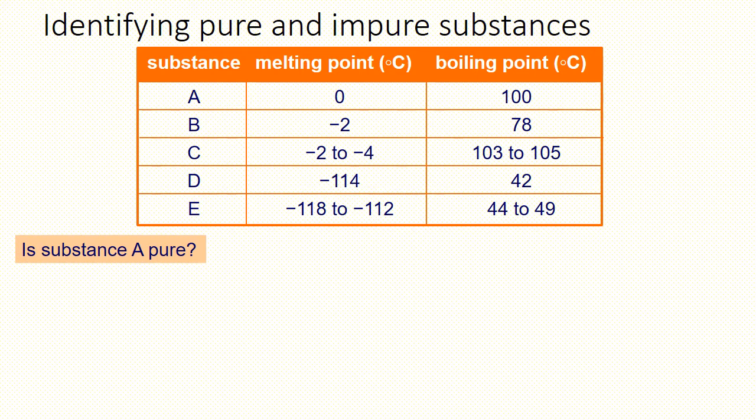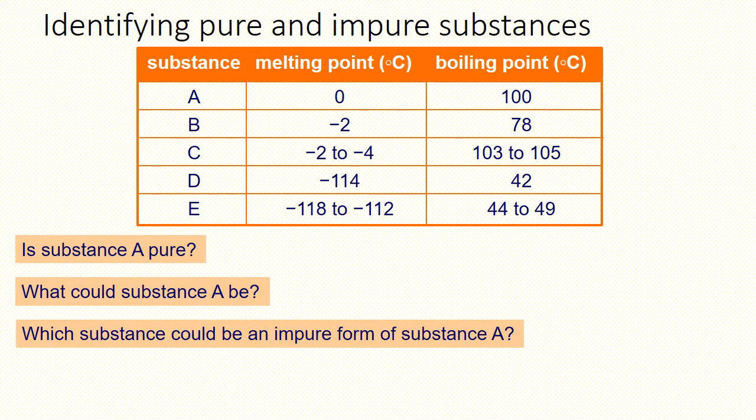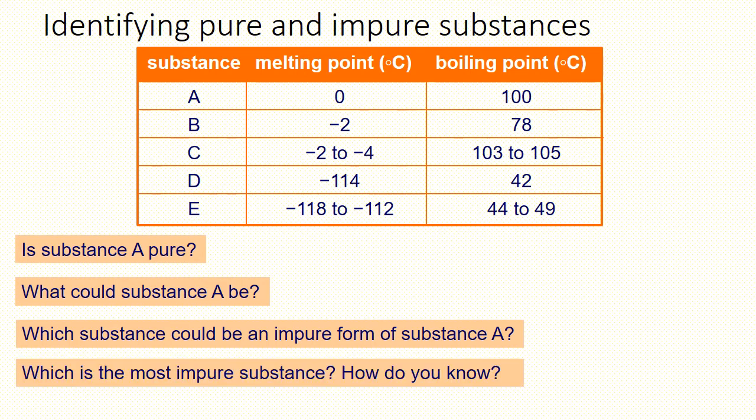First question, is substance A pure? Second question, can you name substance A? Third question, which substance could be an impure form of A? And then which one is the most impure substance, with your reasoning? So pause the video and answer those questions.